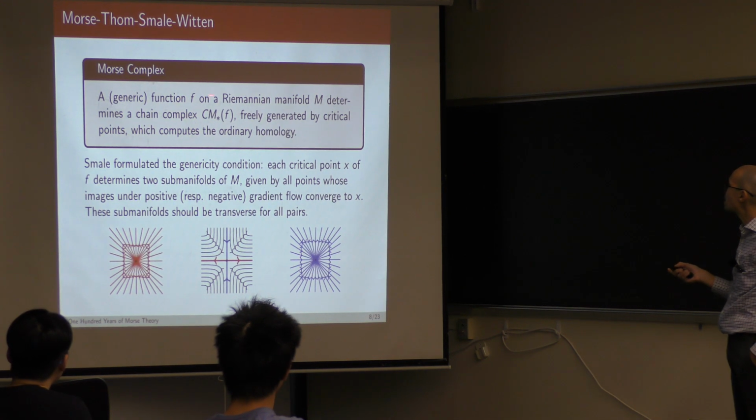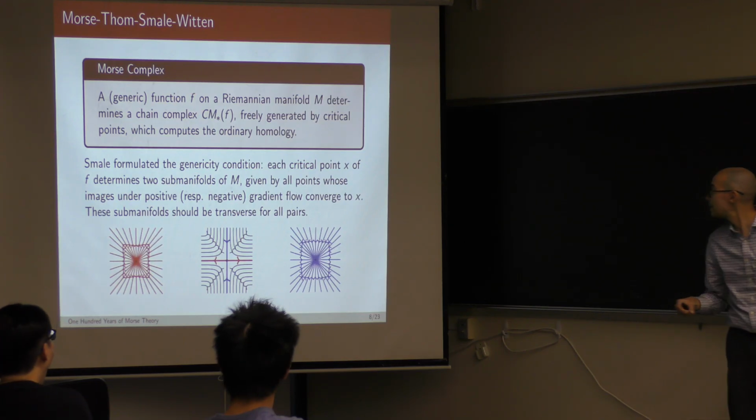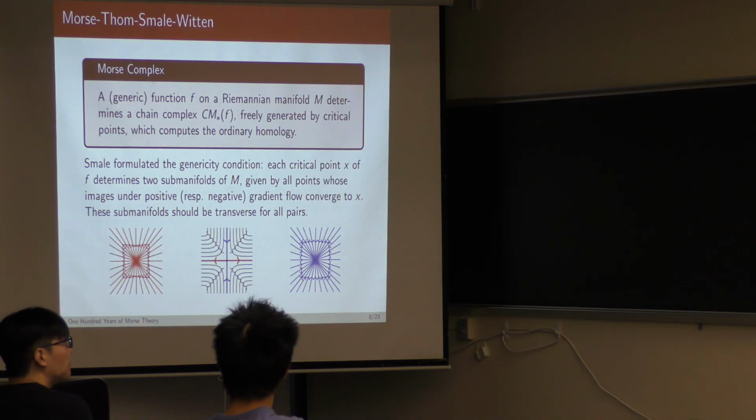So what is the genericity condition? This genericity condition is exactly about the behavior of the negative and positive definite subspaces of the Hessian under the gradient flow. Let me draw some pictures here for people who have never seen them. At a maximum, you look at all the directions, and the negative definite subspace of the Hessian is everything, so you just flow down.